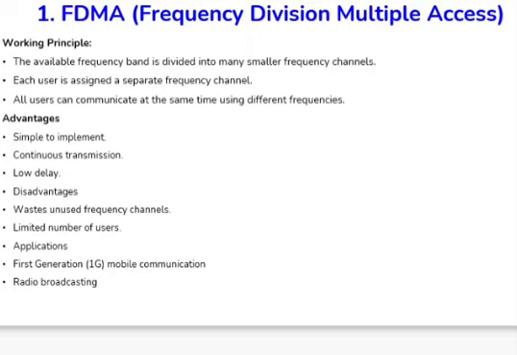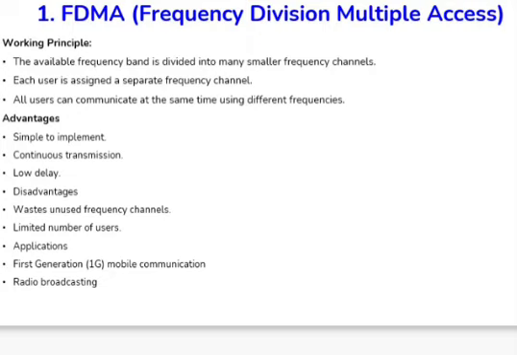If you relate this example to FDMA, here highway is equivalent to total frequency spectrum, lane is equivalent to frequency channel, car is equivalent to user. Each user gets a separate frequency channel, so there is no interference.